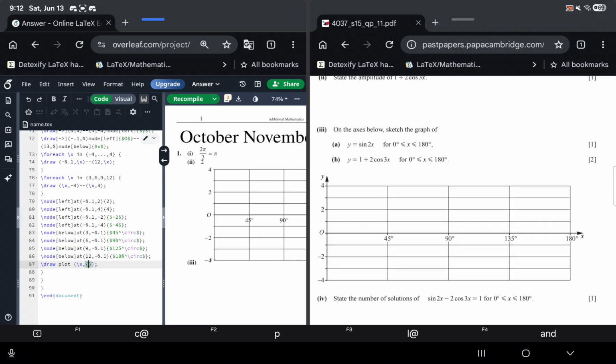I do not know if it goes from 0 to domain 0 to 12. So let's just do sine of 2 times x, and let's hope for the best.